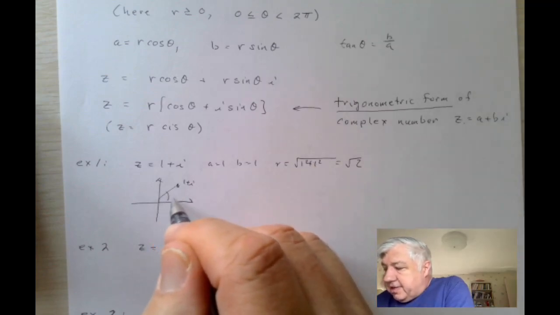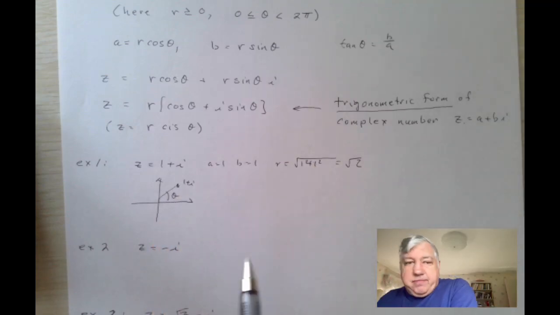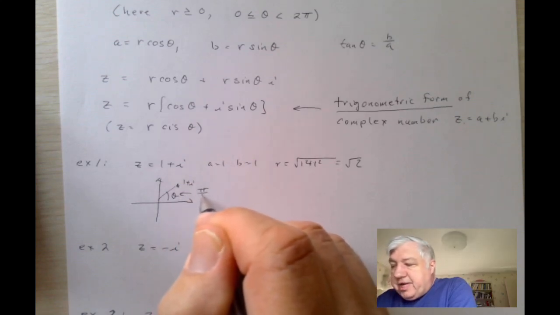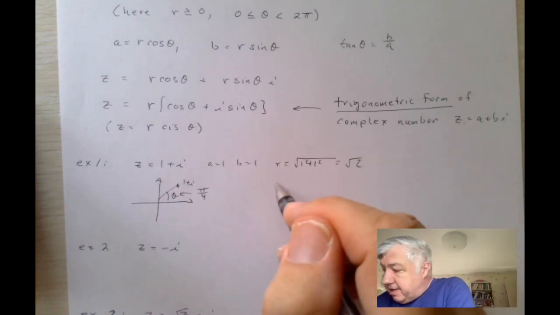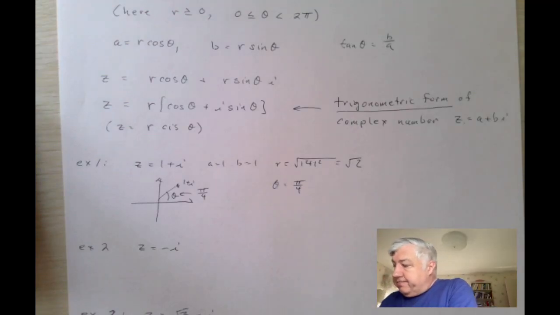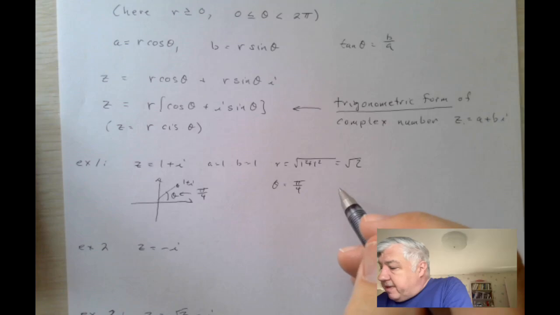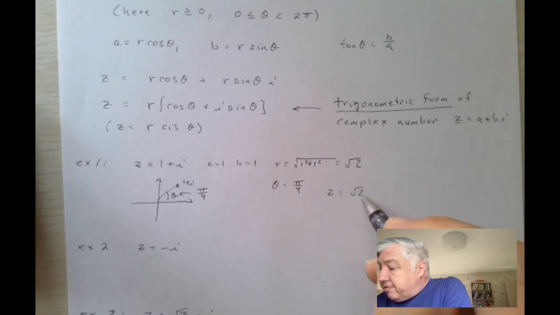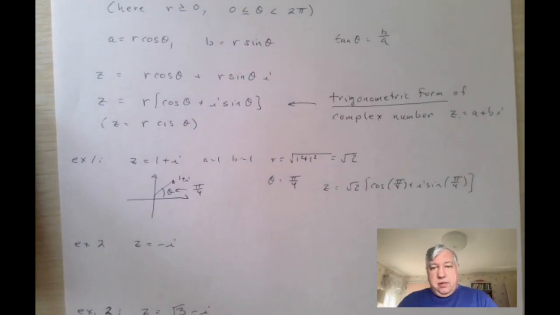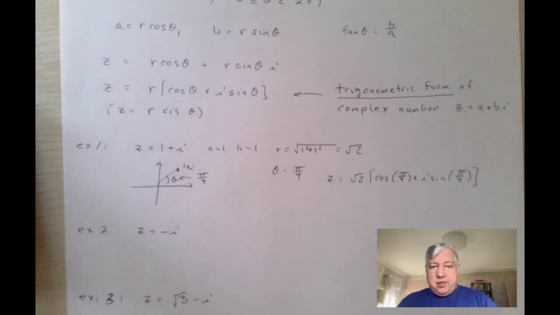And we can clearly see, hopefully, that this angle is 45 degrees, but really it's pi over 4. We always use radians when we're doing this. So theta is pi over 4. And so z is now going to be the square root of 2 times the cosine of pi over 4 plus i times the sine of pi over 4. So that's the trigonometric form.